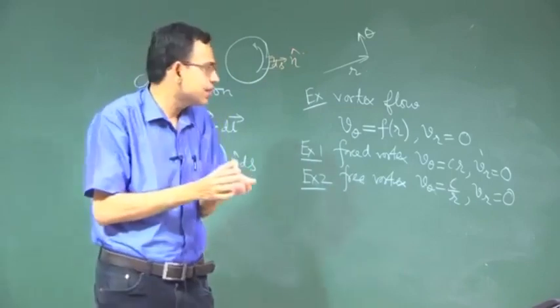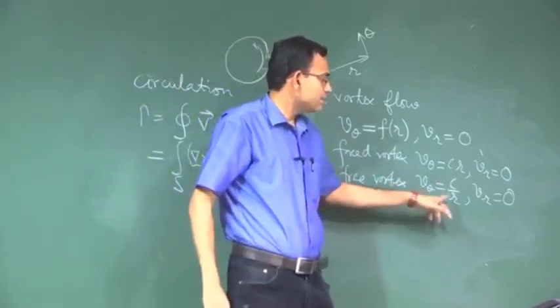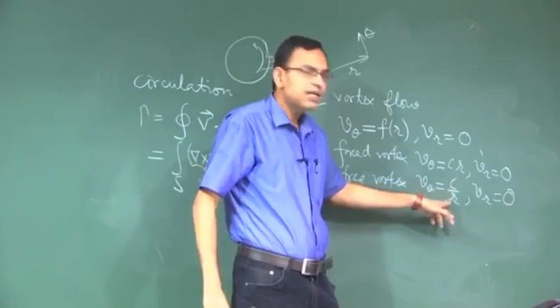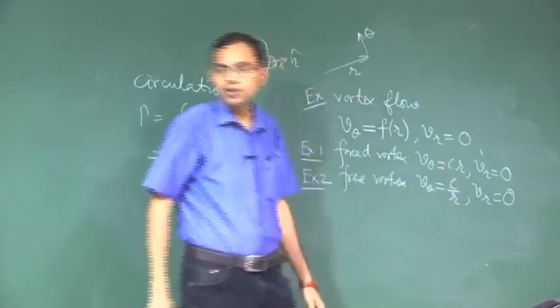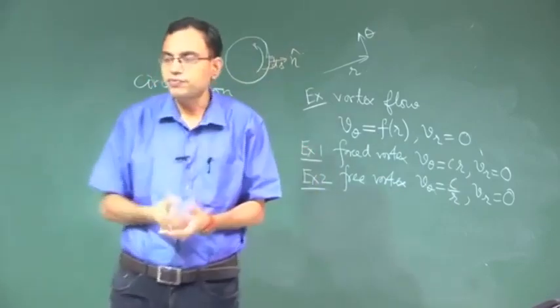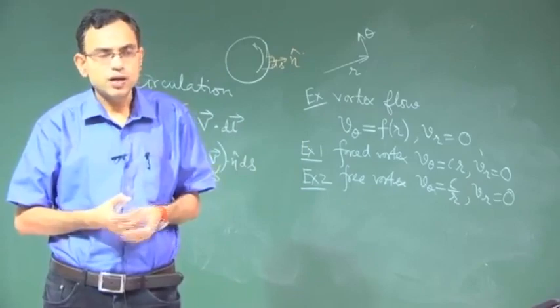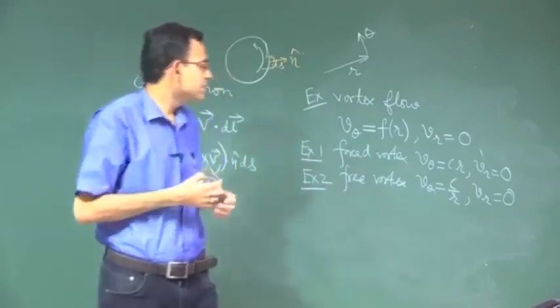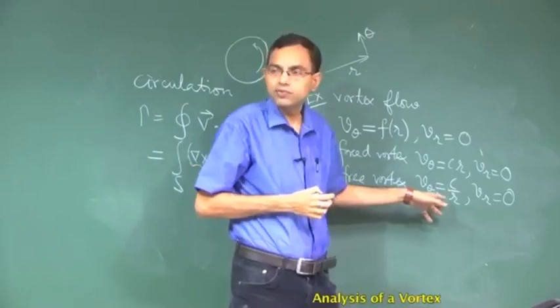So, that means this V theta literally tends to get as large as tending to infinity as r tends to 0. So, this kind of flow is called free vortex flow, and typically these are model problems for irrotational flow.